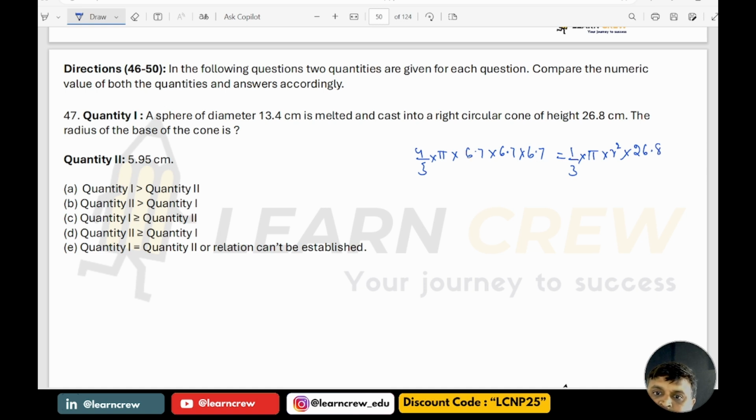Now from this, 3 cancels, pi cancels. So what am I going to get here? 6.7 to the power 4 times 6.7, how much? I will get 4 cancels, 4 cancels. So I will get R as 6.7. So this is 6.7, this is 5.95. So quantity A is more than quantity 2. So option A is correct.